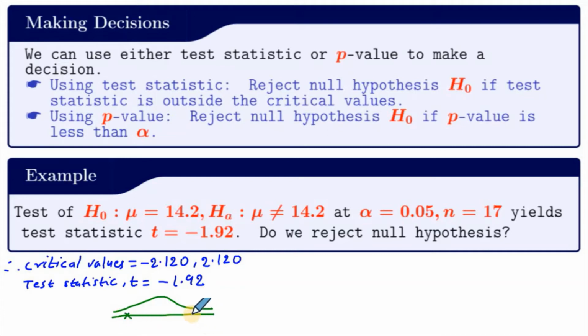So let's say our critical values are these. This point here is negative 2.120 and this point is 2.120. That means our test statistic, which is negative 1.92, is here. So let me mark it with a different color. So this is negative 1.92. From this diagram, we can clearly see that the test statistic is inside the critical values. Therefore, we do not reject our null hypothesis.